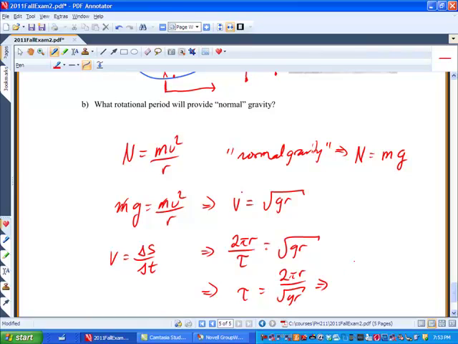We could simplify just a little bit, and we could say that the period is 2 pi the square root of r over g. And at this point, you could check your units, make sure it makes sense, and then you could plug and chug numbers. We'll leave it right there.